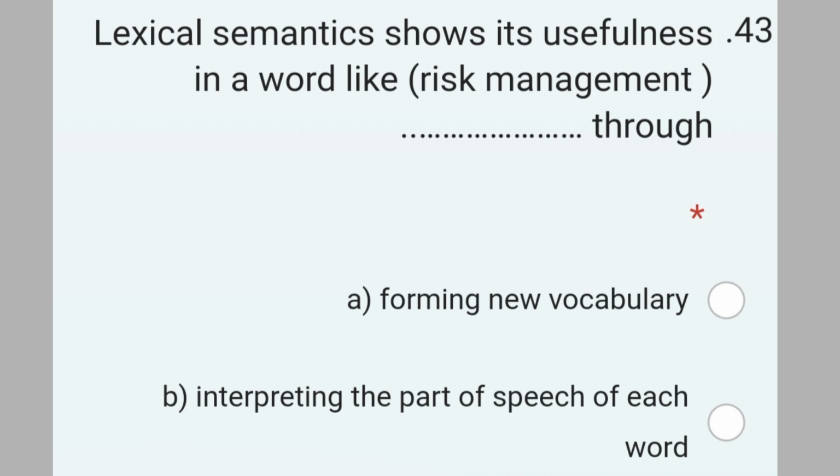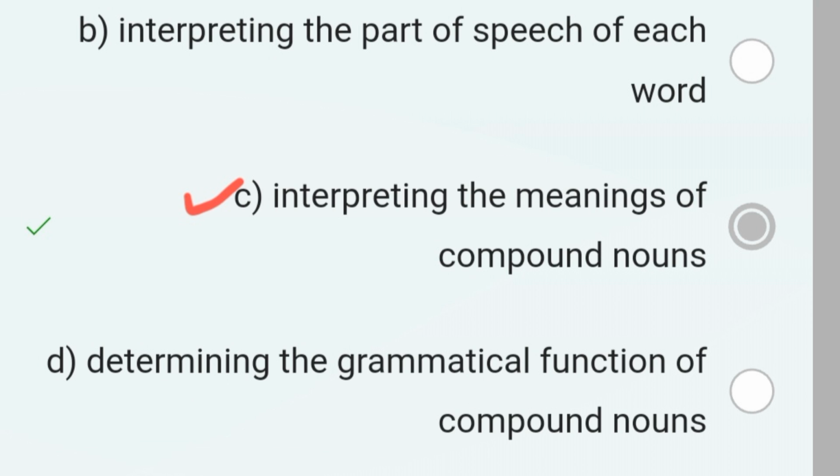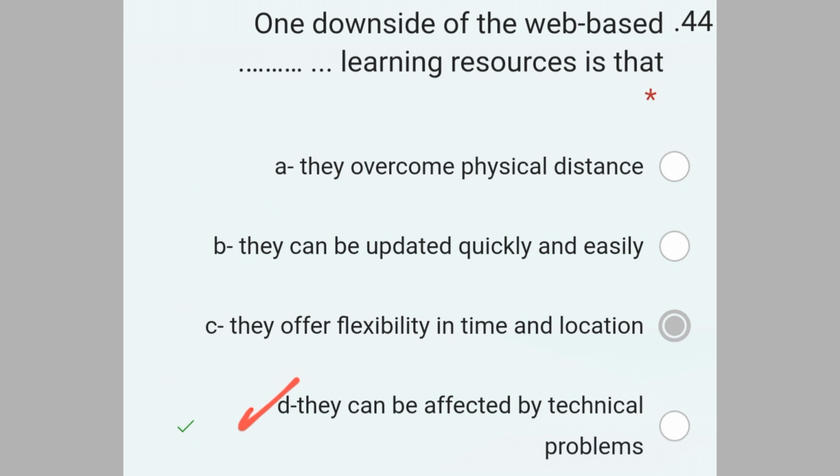Lexical semantics shows its usefulness in a word like "risk management" through: A. Forming new vocabulary. B. Interpreting the part of speech of each word. C. Interpreting the meanings of compound nouns. D. Determining the grammatical function of compound nouns.